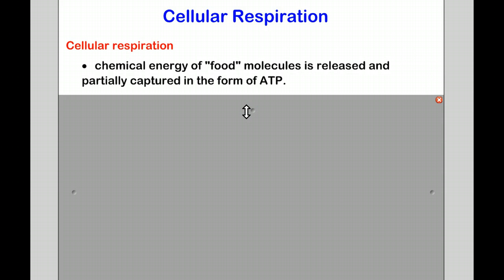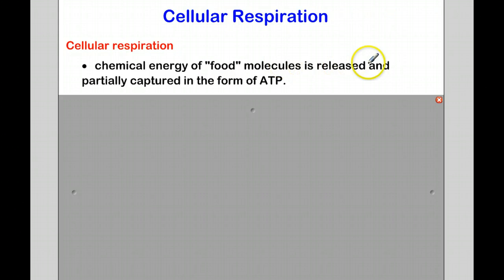Basically, cellular respiration in both plants and animals, we're using the chemical energy of food molecules. When we talk about food, we're talking about the actual items that we eat. If it's a hamburger or a salad or some type of sandwich, that's what we consider our food. But if you remember back to Unit 1, each of those food items that we eat are made up of proteins, carbohydrates, lipids, and that's what we talk about when we're talking about food.